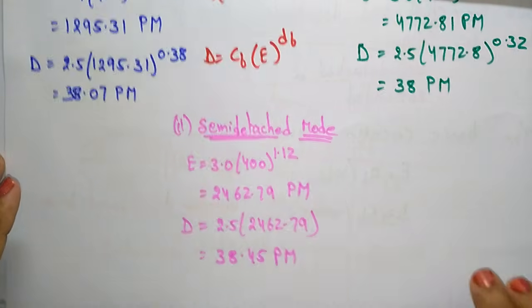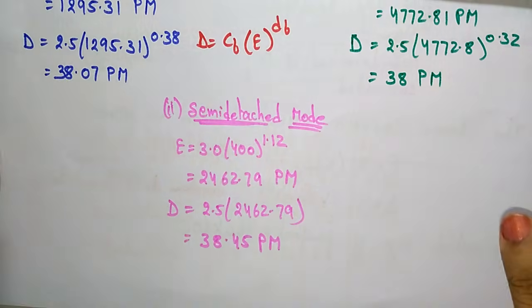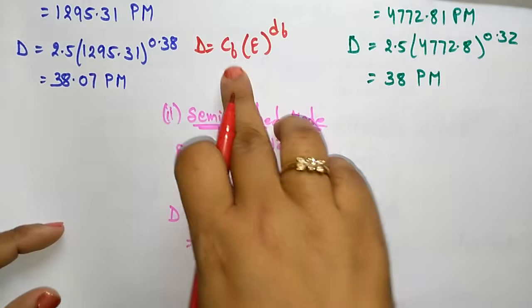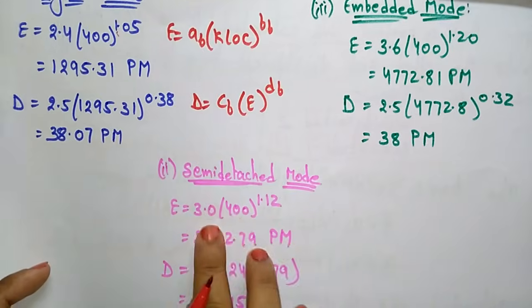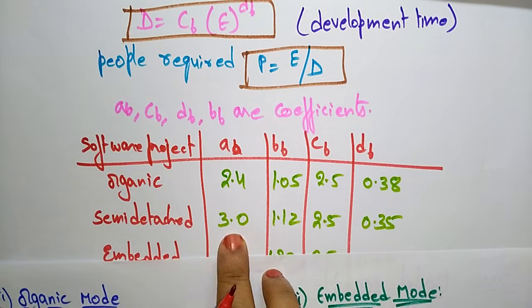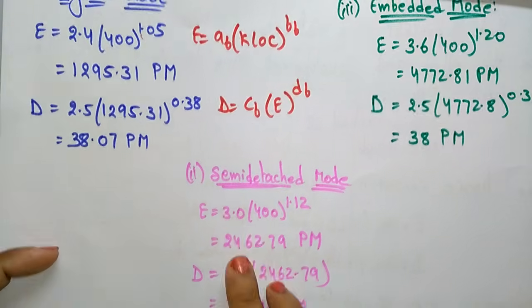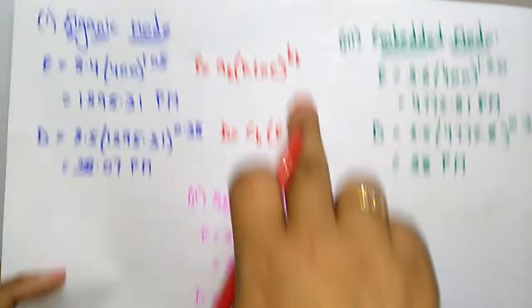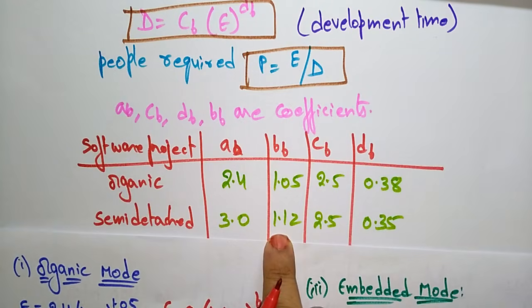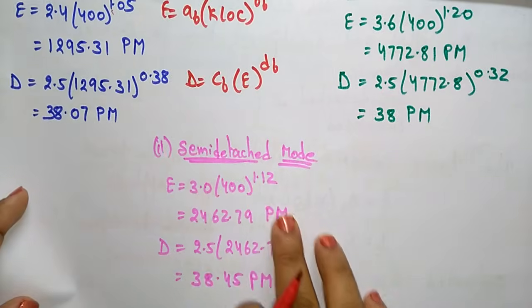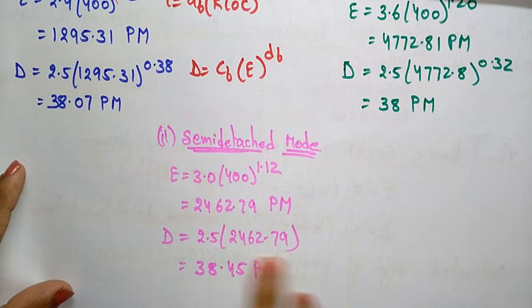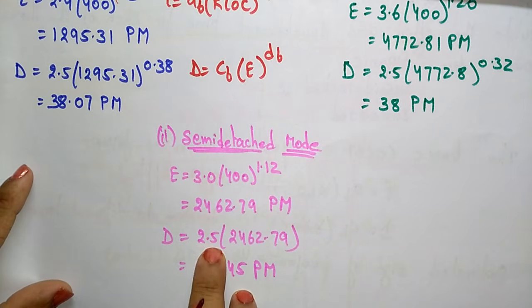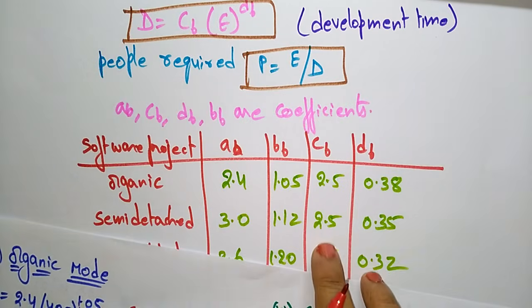Now coming to the semi-detached. The same formulas, but the coefficient values will be changed. What is the value of ab for semi-detached? 3.0. Substitute 3.0, and bb is 1.12. Substitute 1.12, then calculate. For the development time, cb is 2.5 and db is 0.35.